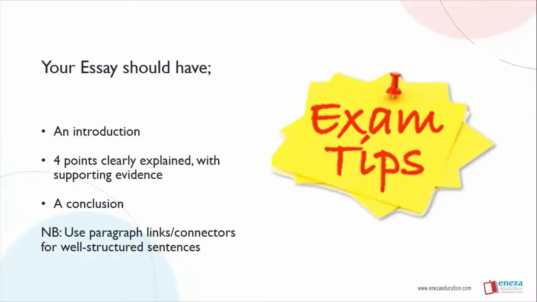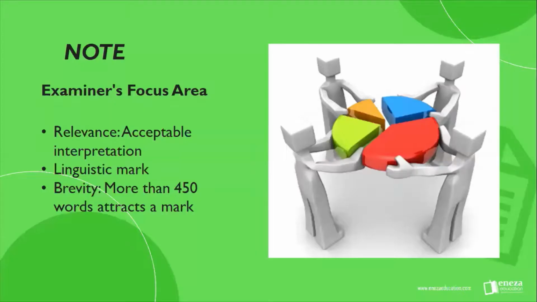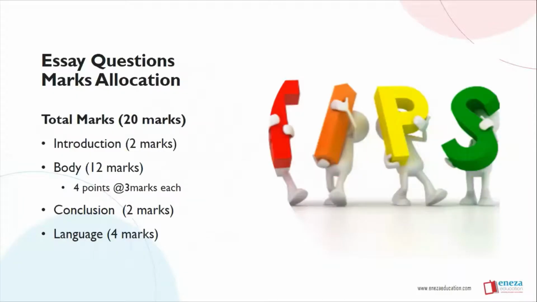Use paragraph links and connectors for well-structured sentences. This is the examiner's focus area: an acceptable interpretation, a linguistic mark, and more than 450 words attract a mark. How are marks allocated? Total marks are 20.